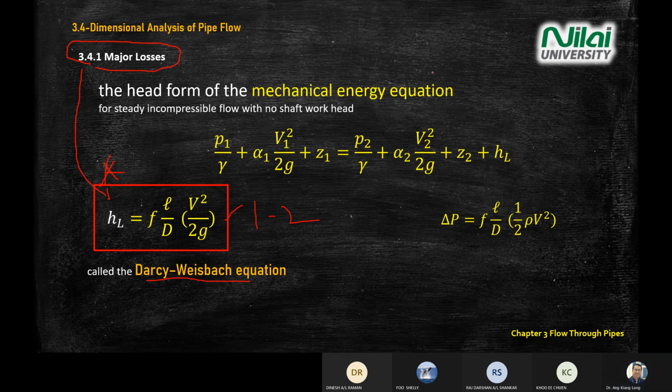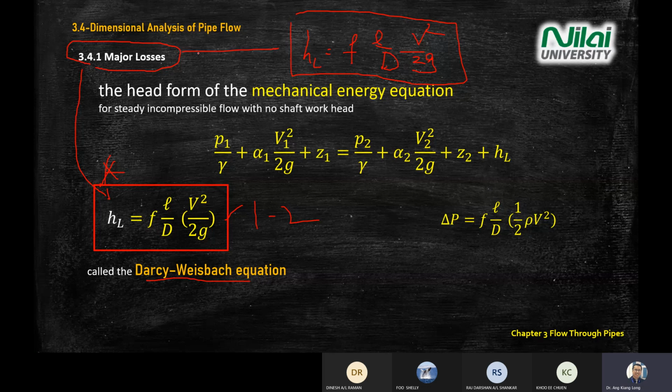Again, today, print this, try to memorize or identify this equation somewhere in your notes or in your memory: HL equals F, friction, L over D, V squared divided by 2G. By all means, go and memorize this one.